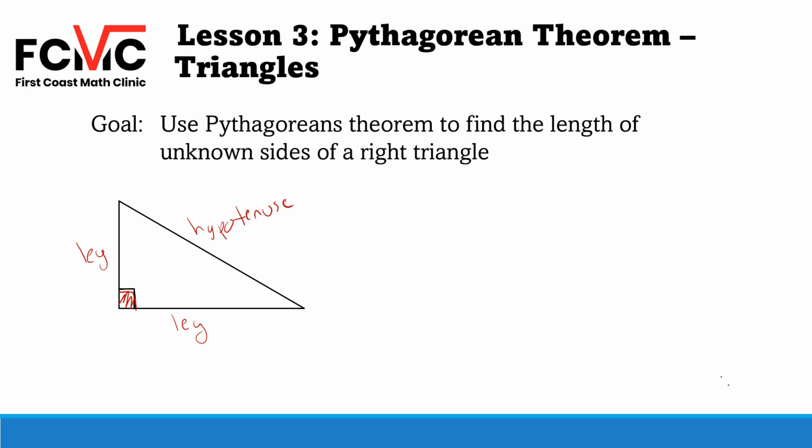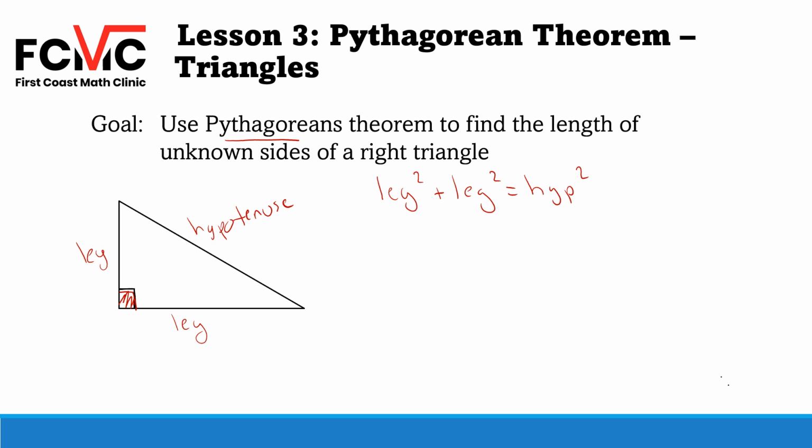that's our hypotenuse. And Pythagorean's theorem is going to be leg squared plus leg squared equals the hypotenuse squared. So if we square the legs and add them together, we're going to get the hypotenuse squared. So let's go through that relationship when we have some actual measures here.